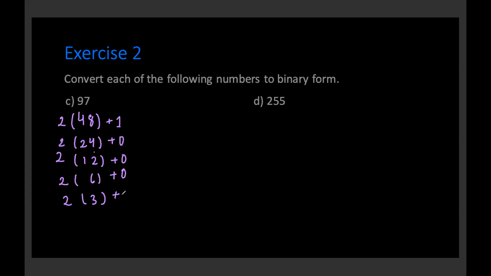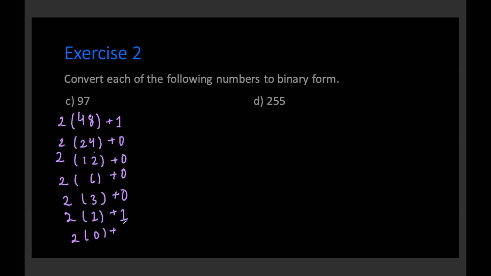And then 3 divided by 2, you can't really do that, so you have to subtract 1, so it would be 2 divided by 2, and that would equal 1, which is a 1. And then 1 divided by 2 is just a 1.